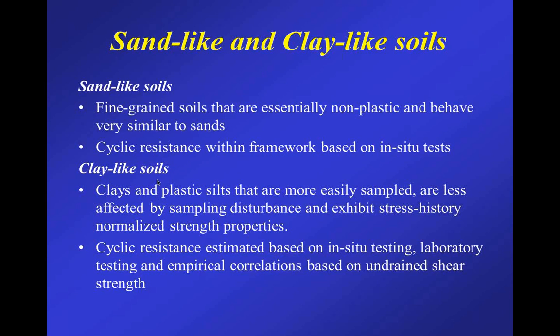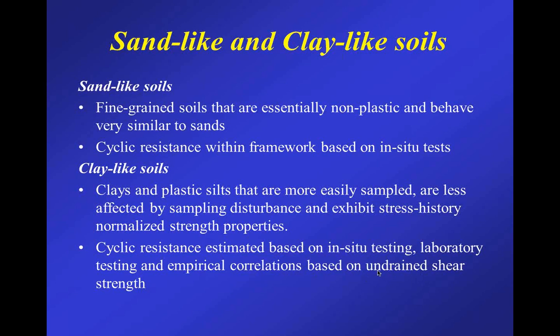But clay-like soils, so clays and plastic silts, are more easily sampled, they're less affected by sampling disturbance, particularly clays, and they exhibit stress history normalized strength parameter properties. And then the cyclic resistance can be estimated based on either in-situ tests, laboratory testing, or empirical correlations based on undrained shear strength.